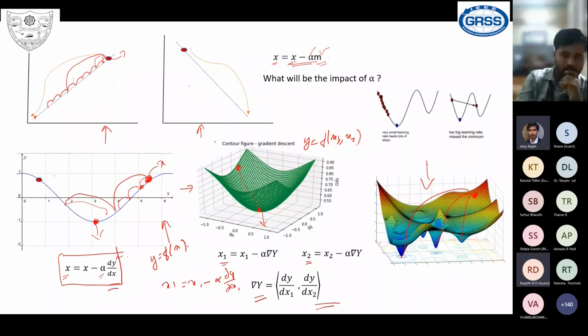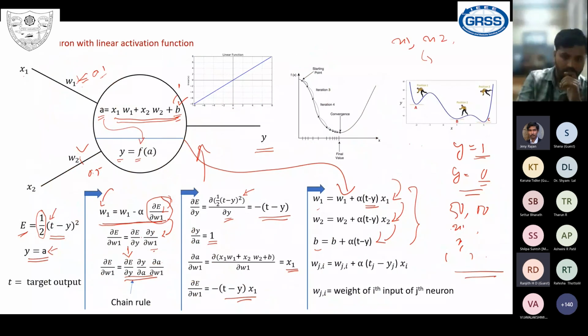But again, if you want to use gradient descent, make sure that your error function and the activation function are differentiable. If they are not differentiable, then gradient descent will not work. Here we use MSE as the error function and the identity function as the activation function.